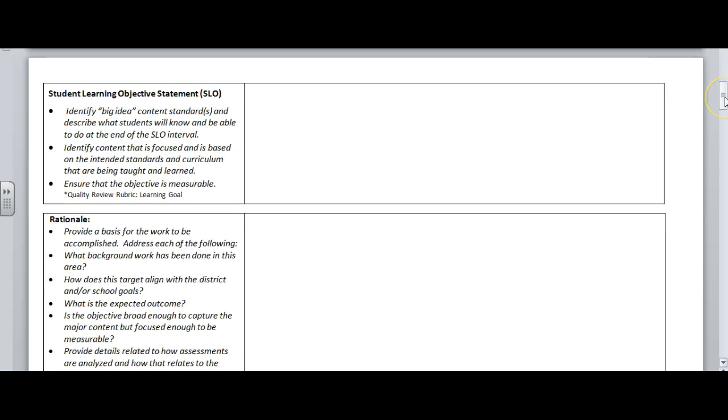Student learner objectives. When you have a SLO, your SLO needs to be very general. So I think of it like an upside down pyramid. Your SLO document goes from very general to specific. So it goes from a general broad goal that even perhaps multiple classes, multiple teachers and various levels of a subject could use, such as English 1, 2, 3, and 4 could have the same SLO.